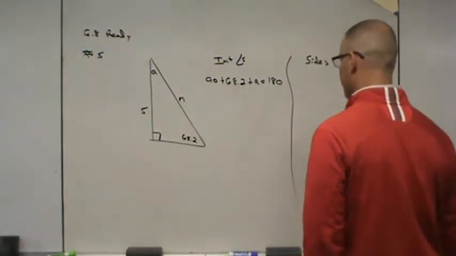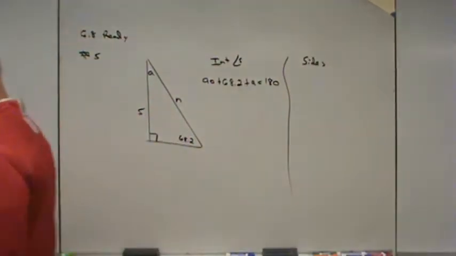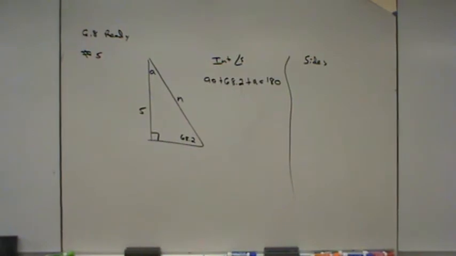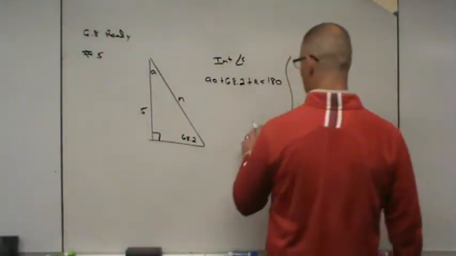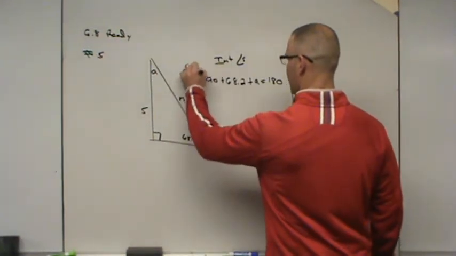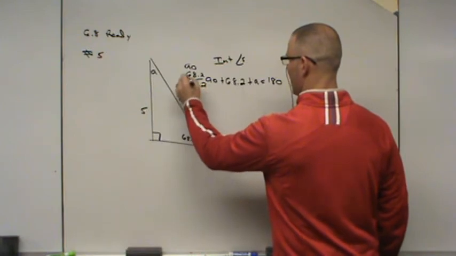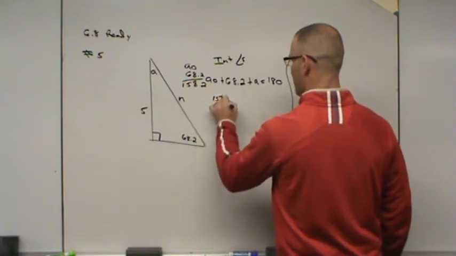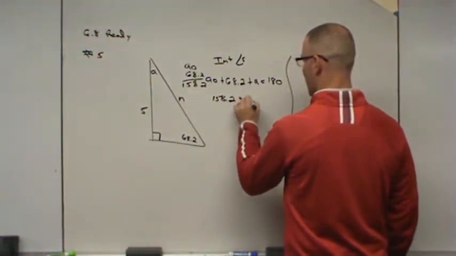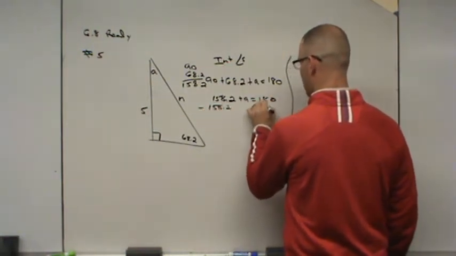I could do that, and in fact, let's go ahead and do that right away, and then I'll show you a little bit of a shortcut. Let's see, 90 plus 68.2 is 158.2. So 158.2 plus A equals 180, and then we're going to subtract 158.2.